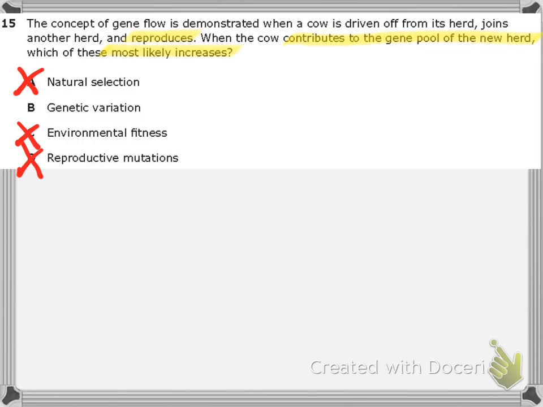So with that being said, genetic variation is the best answer. That just means differences in genetics, more variety. If the cow leaves one herd and goes to the other herd, there's going to be more variety in genetics contributed to that herd. So that makes sense.